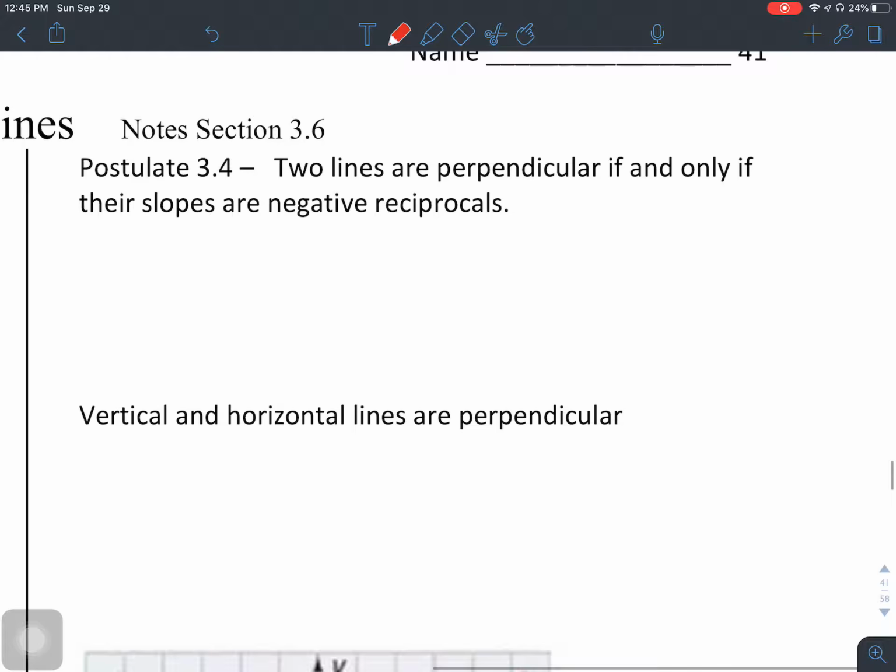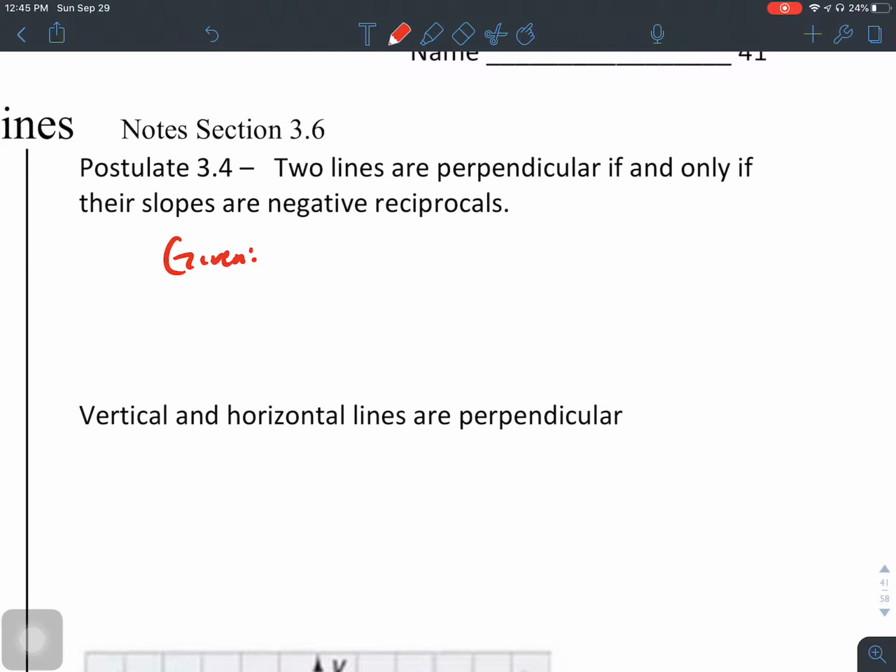Postulate 3.4. Two lines are perpendicular if and only if their slopes are negative reciprocals. And then we're told vertical and horizontal lines are perpendicular. So let me explain what a negative reciprocal is.